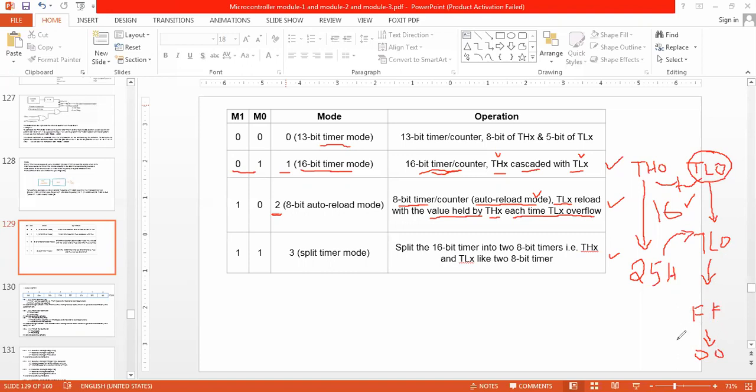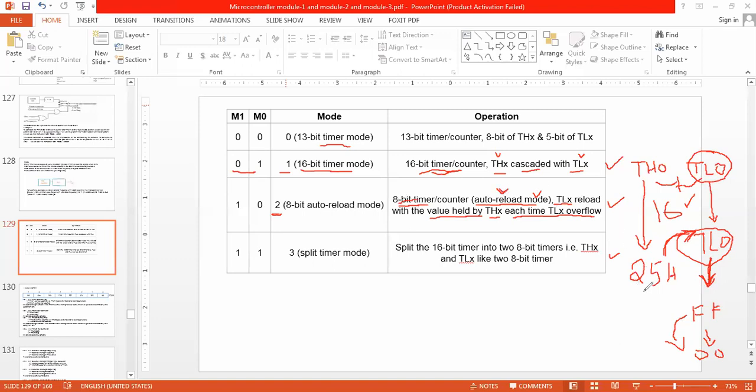Whenever overflow occurs here, again 25 will be loaded into TL0 automatically. That is why it is called auto reload mode. It is an 8-bit timer, because only TL0 is counting the values here. That is why this mode is called the 8-bit timer counter mode, and it is auto reload mode.